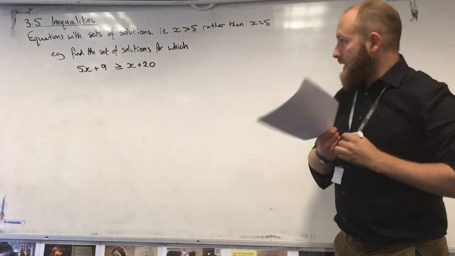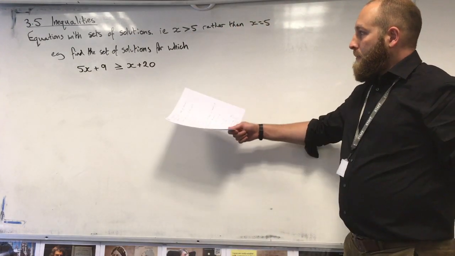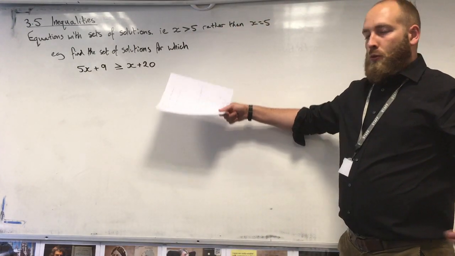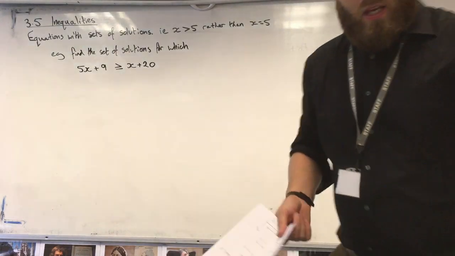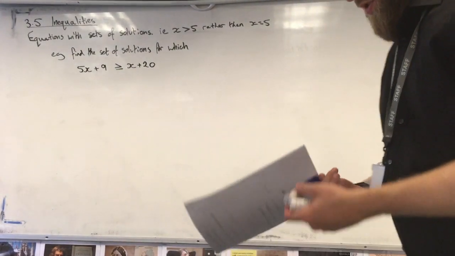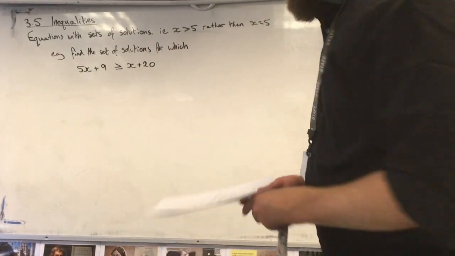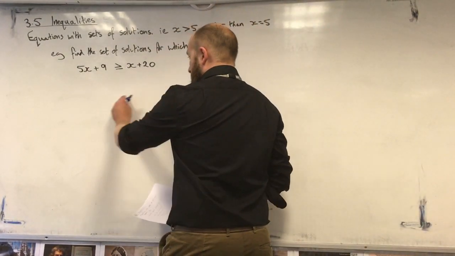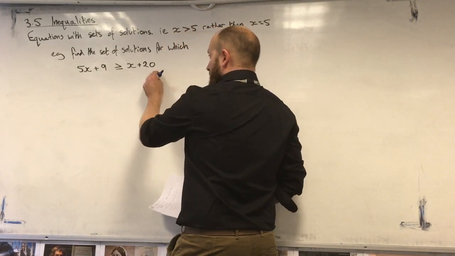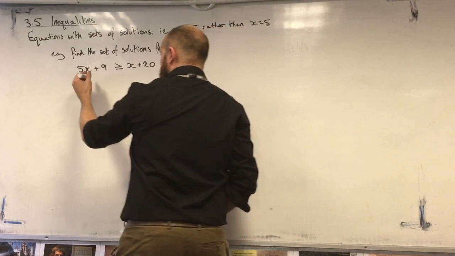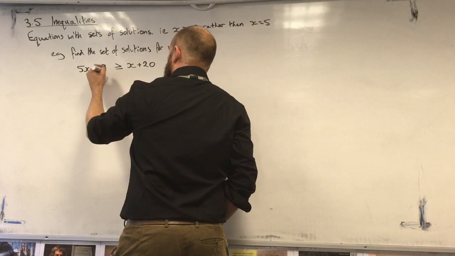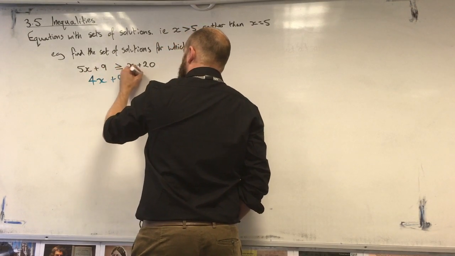So for example, find the set of solutions for which 5x plus 9 is greater than or equal to x plus 20. So the way we solve this is the same as you'd solve a normal linear equation. So we're going to start by getting all the x's on one side and then all the numbers on the other side. So if we subtract x from both sides, we get 4x plus 9 greater than or equal to 20.